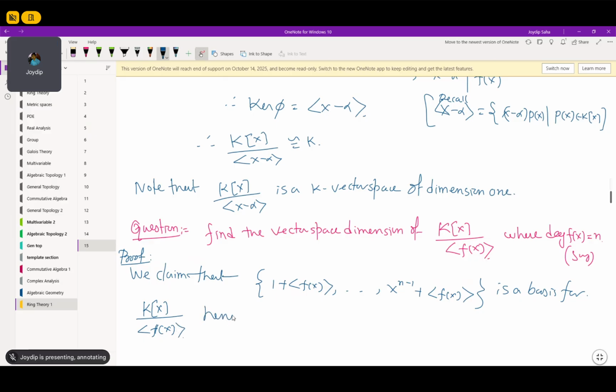Hence, the vector space dimension of K[x] quotient (f(x)) is exactly n. Okay.